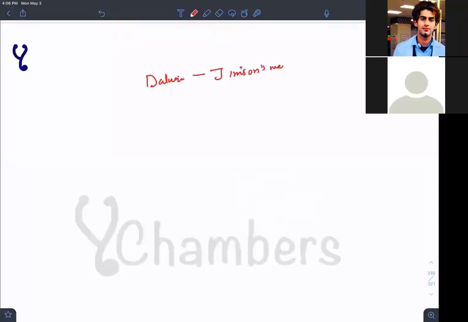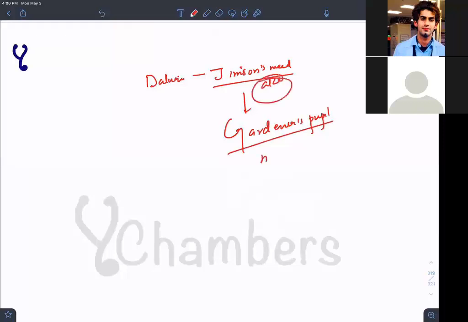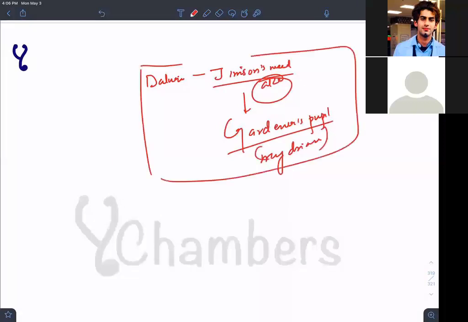This Jimson's weed is causing a condition called Gardner's pupil. This means he has taken some alkaloid, and this causes mydriasis. Remember this. They may ask this question, so that you can click in the brain that it is talking about the adverse effect of all these. Okay, is it clear?